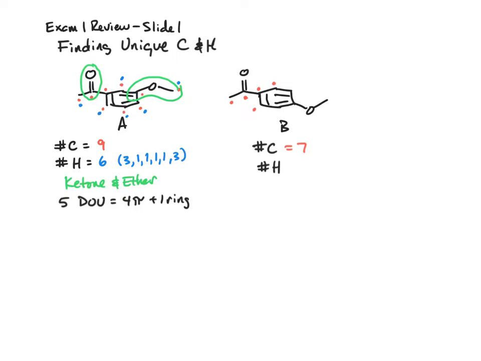Does everyone see that? So if we're looking here and we look out, we see this carbon, we look out, we see that. Those two are equivalent. We go out one more, this and this are equivalent. Then you get to the end of that ring, that's its own thing.